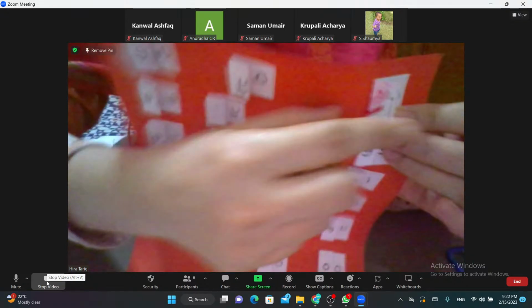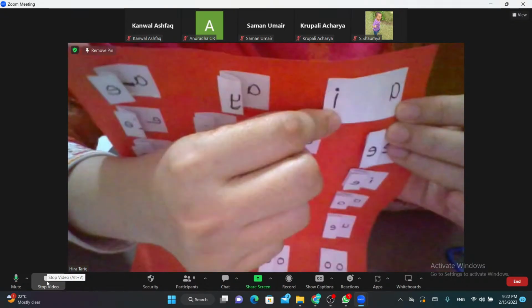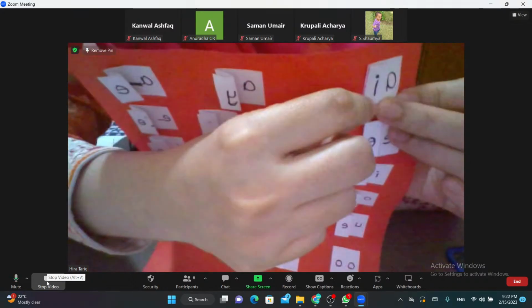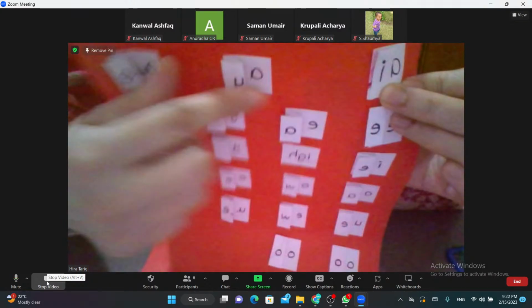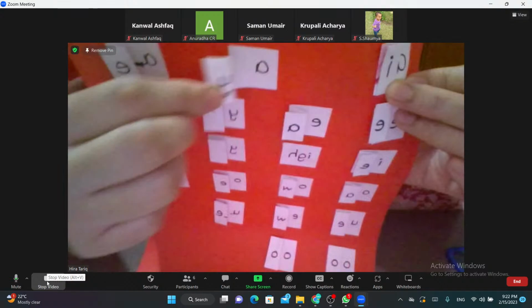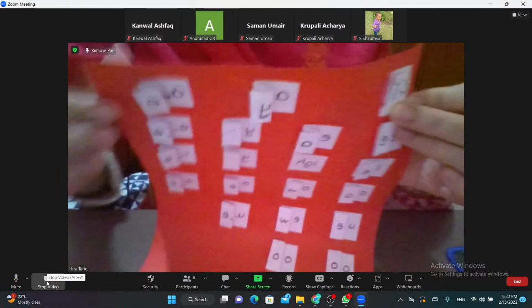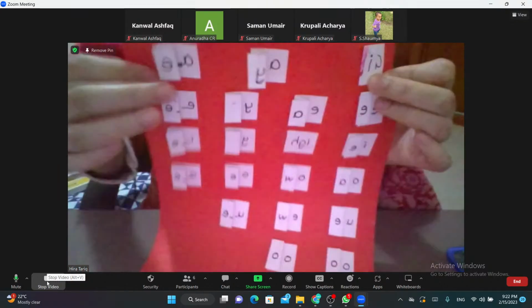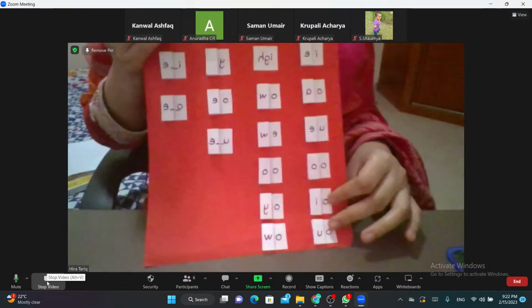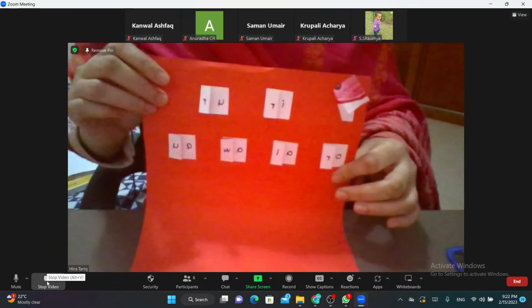When a and e are apart, they have their own sounds. But when they are together, they say a. When a and y are apart, they have their own sounds, but when they are together, they say a. Then the magic-y pattern, right? So you can just make the whole chart of the long vowels. Look at this. And then at the back, the remaining sounds. Sorry for this.